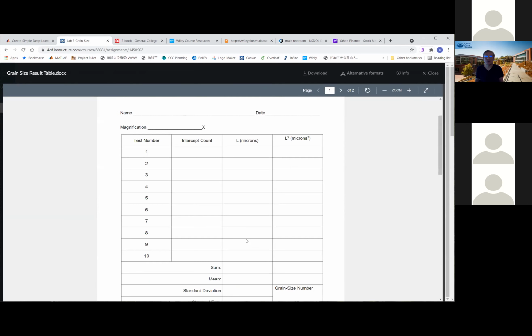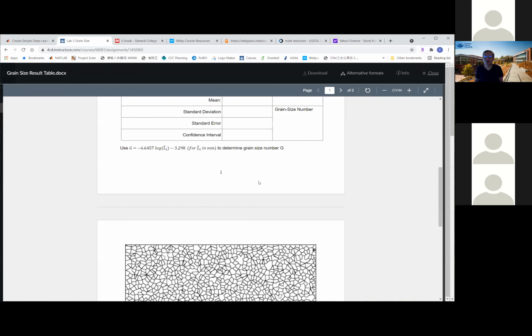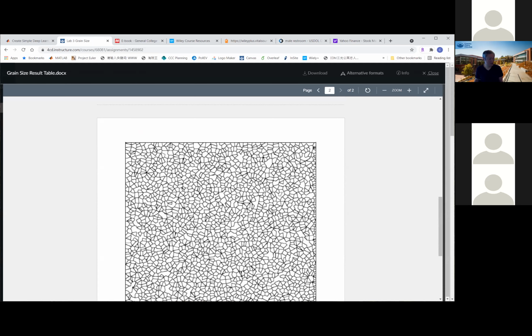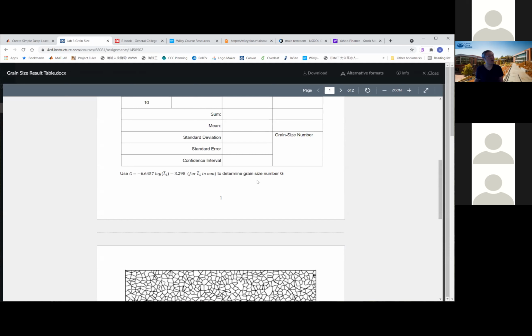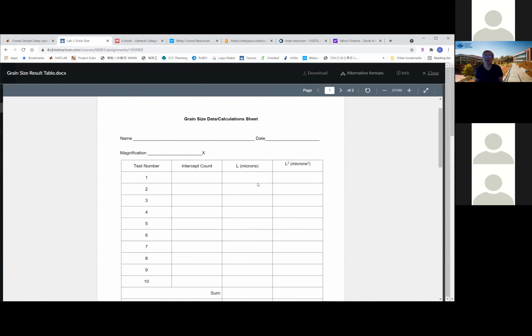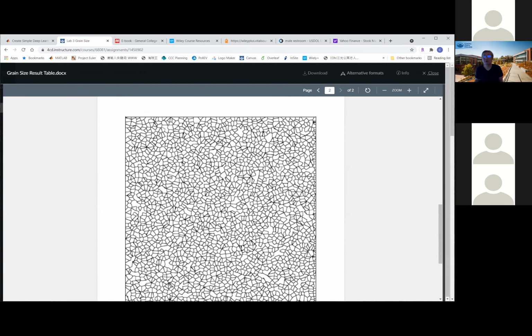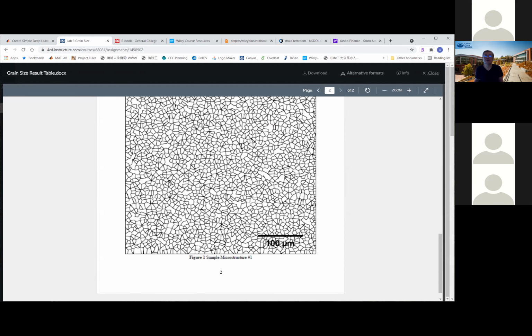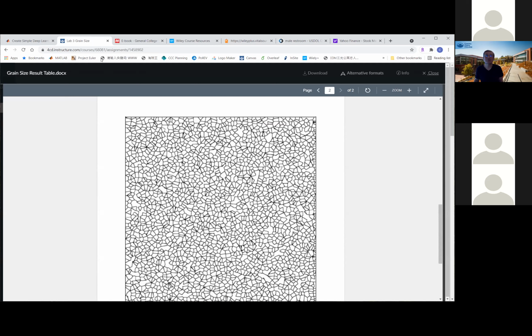And then I will ask you to draw 10 lines. For each line, you put the length here. That length is based on your ruler, not on the scale here. You get a ruler and you measure the length.